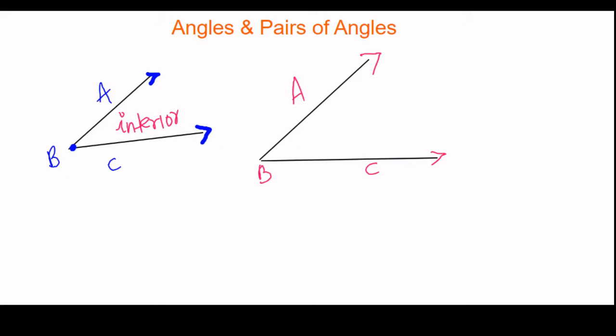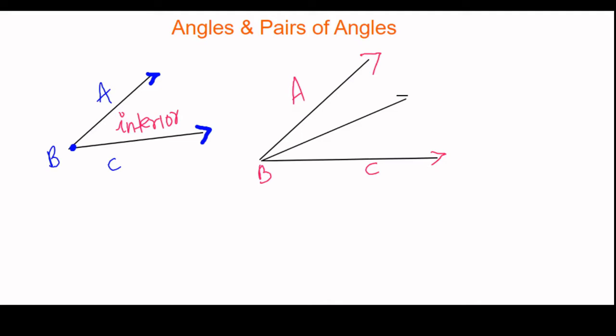So for this angle, if I draw one more ray from the same vertex within the interior of the angle, you can see that the angle is divided into two angles.